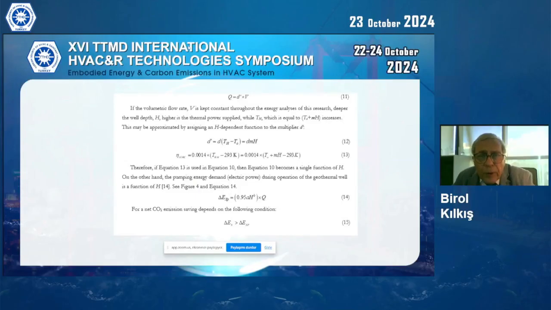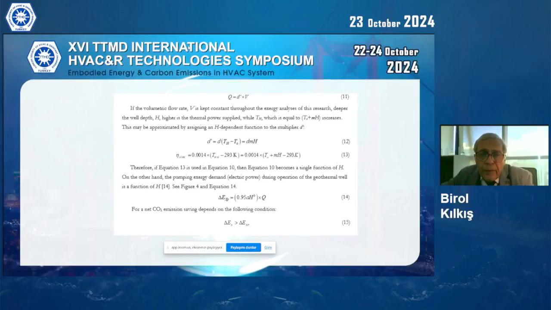When we add all these functions, which I am not going to delve into in detail because they are available in my paper, the optimization is possible because with deeper well depth and higher temperature, we can use organic Rankine cycles or even steam turbines, whatever, for electricity generation, which is also a desirable output from geothermal energy resources.